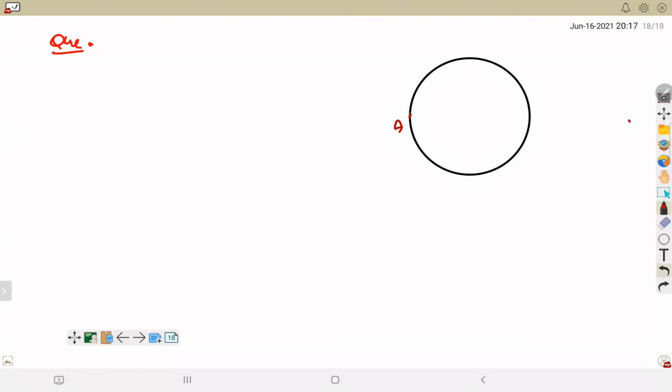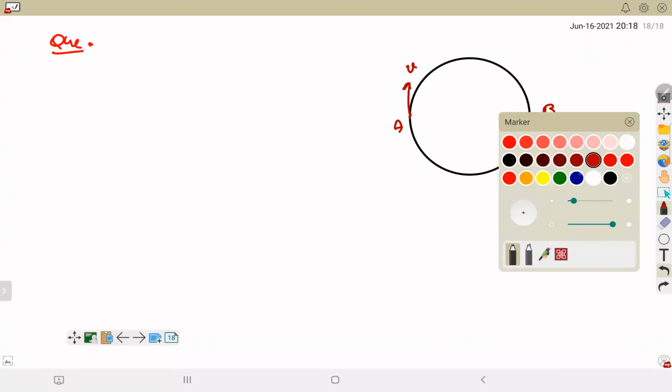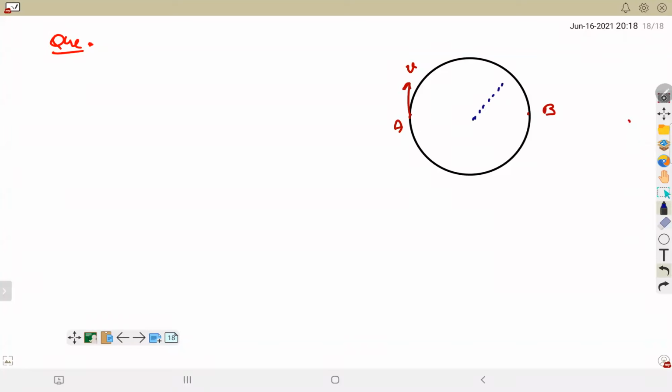Find the average speed, average velocity in time from A to B in half rotation. Find the average velocity of this particle if it is moving on a circle of radius r in half rotation.